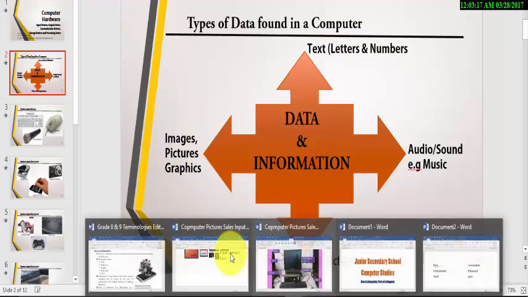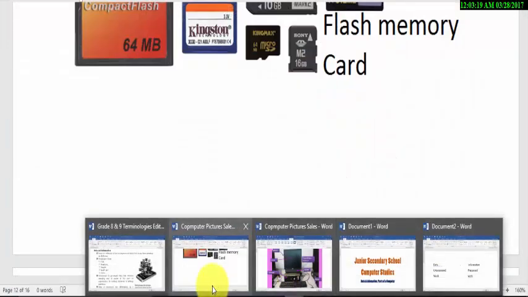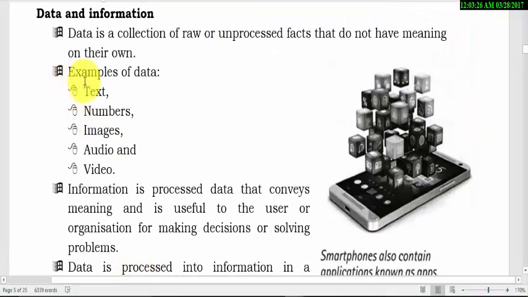Thank you very much. So now we look at the other part there. Examples of data include what we have been discussing in the other tutorials. Text is data, numbers. Here it has been put broadly.